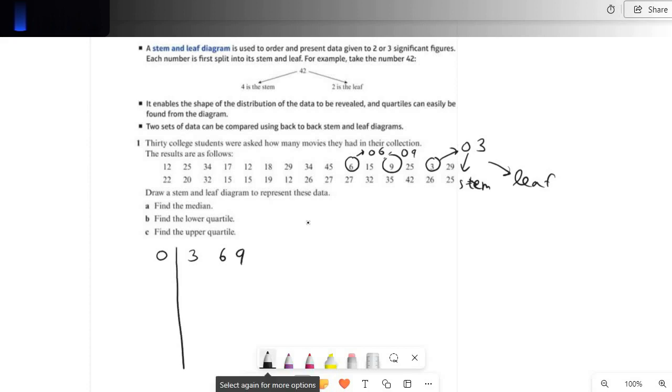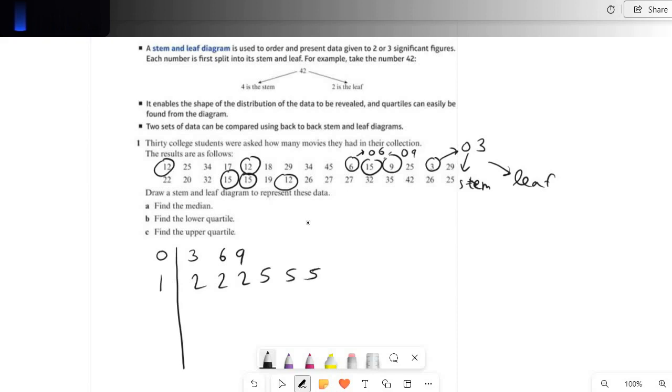And then the next larger number is 12, as well as another 12 here. So there are 3 12s. So we can write the stem being 1, and there will be 3 2s. After that, we have 15 here, which is the next larger one, and they are present 3 times. So there are going to be 3 5s here.